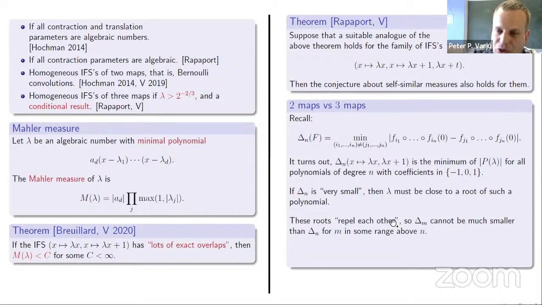And so if you are really, really close to one of these zeros, then there will be no other zero close to your lambda for a while, even if you are increasing the value of n. And so what this means is that the original zero that you initially found will be still responsible for how small delta m is in a range above n.